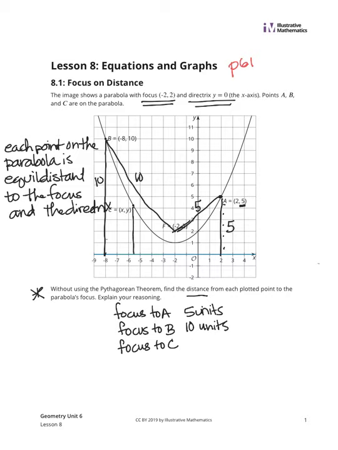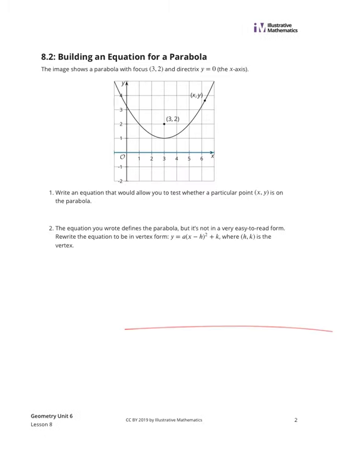Well, I still know that it's y units above my directrix. So whatever that value is, it's y units away from my focus. So the distance from the focus to a point is the same as the distance from the point to the directrix. And we're going to use that on the next page to establish a new formula, the equation of a parabola. So let's take a look at this page.